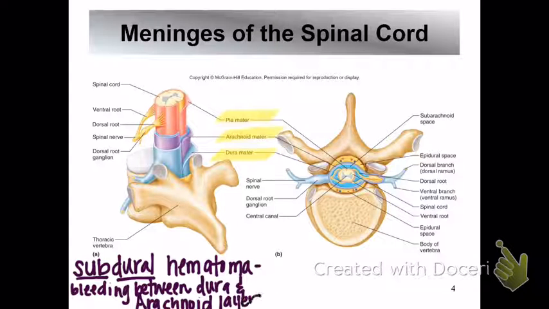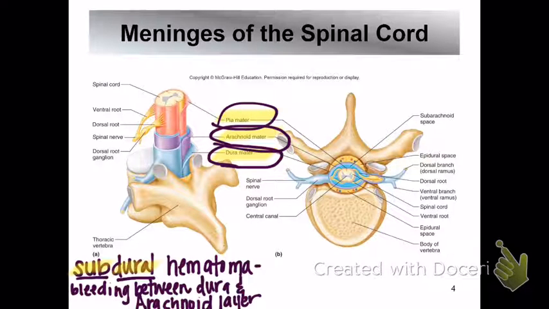So if you just look at the word, that's pretty easy. Below the dura, and you know them in order already. You know that their order is dura on the outside, below the dura is the arachnoid, and then the pia. So hopefully you can get that right if it's a question on the test.